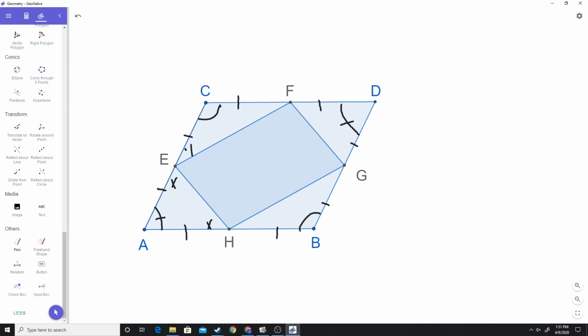So we're going to call that y instead. Now, angle D is the same as angle A, and since it's isosceles, that means these two angles have to be x as well, the same measure as the isosceles triangle at AEH. Likewise, since the angle at B is the same as the one at C, we have that this is angle y.